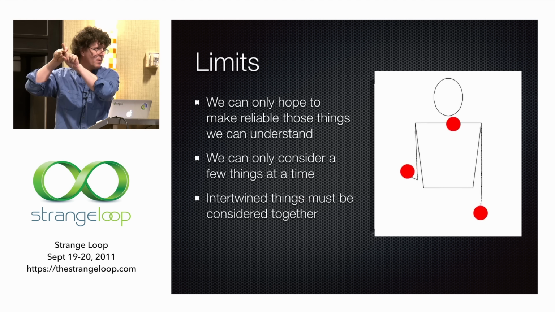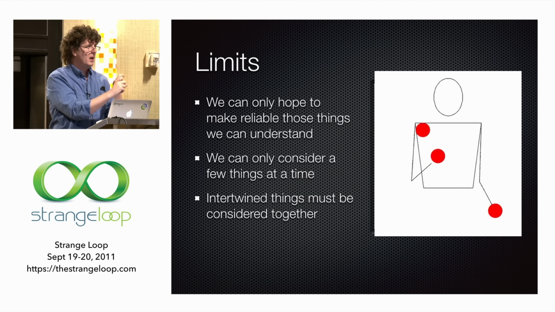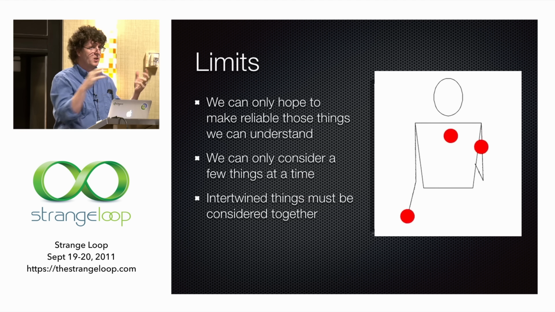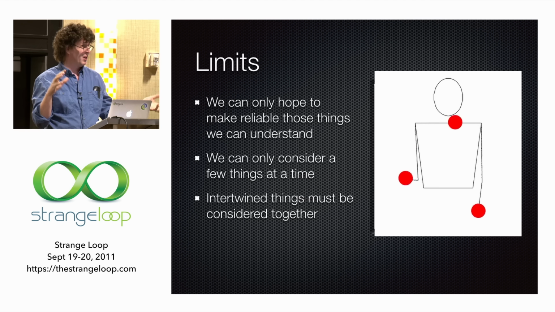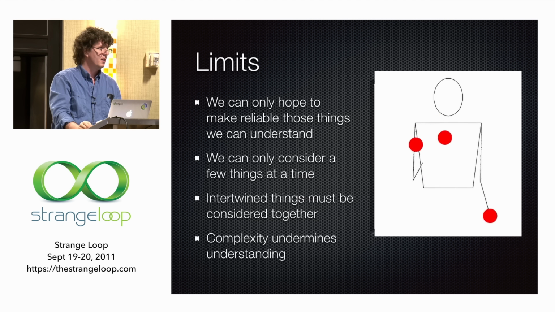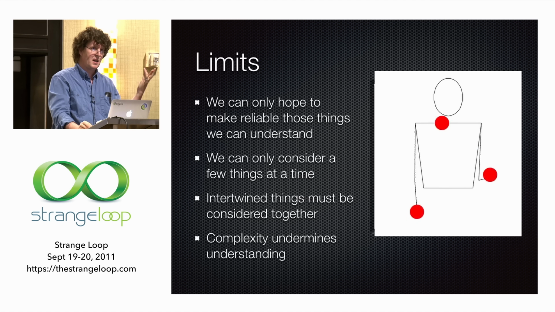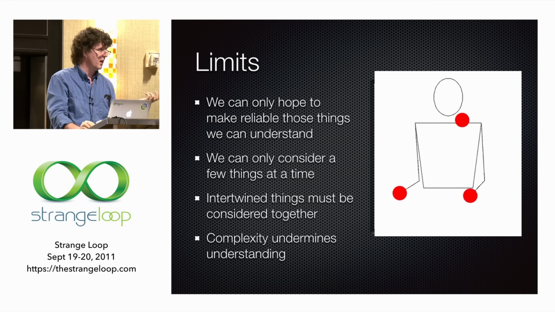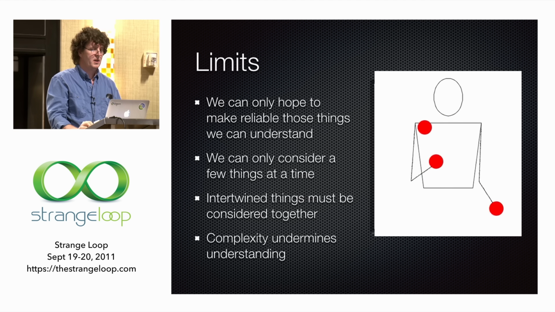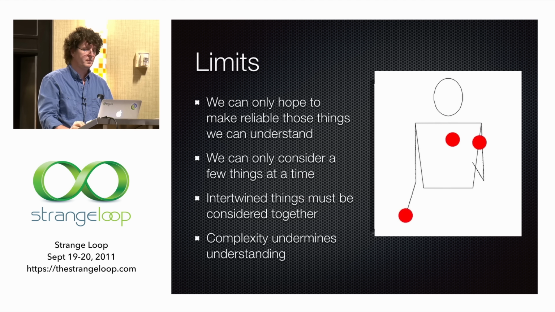That's the nature of them being intertwined. So every intertwining is adding this burden, and the burden is kind of combinatorial as to the number of things that we can consider. So fundamentally, this complexity, and by complexity I mean this braiding together of things, is going to limit our ability to understand our systems.